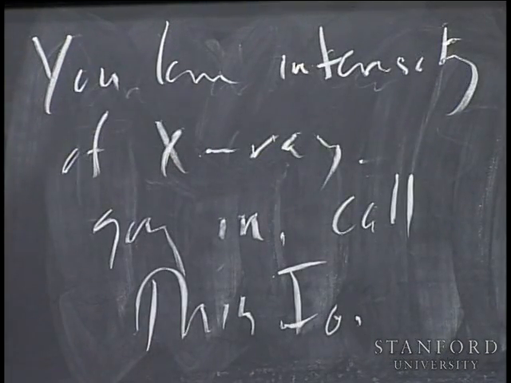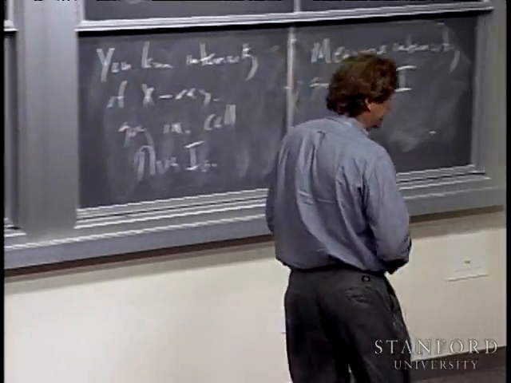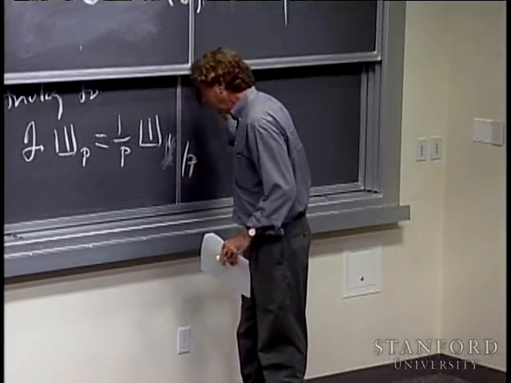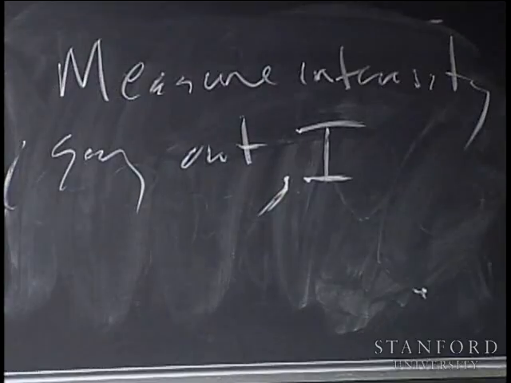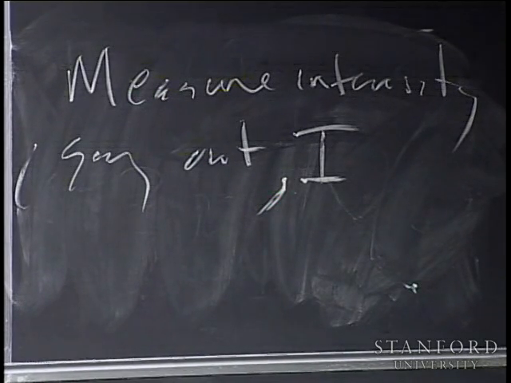Now, it is not hard to show, as a reasonable approximation, and this is derived in the notes, that there's a relatively simple relationship between the intensity going out and the intensity coming in.